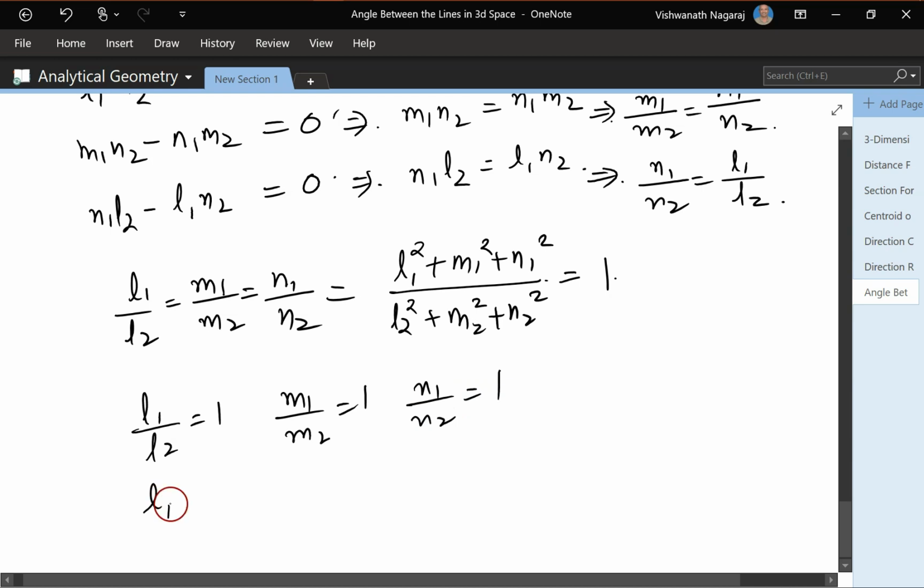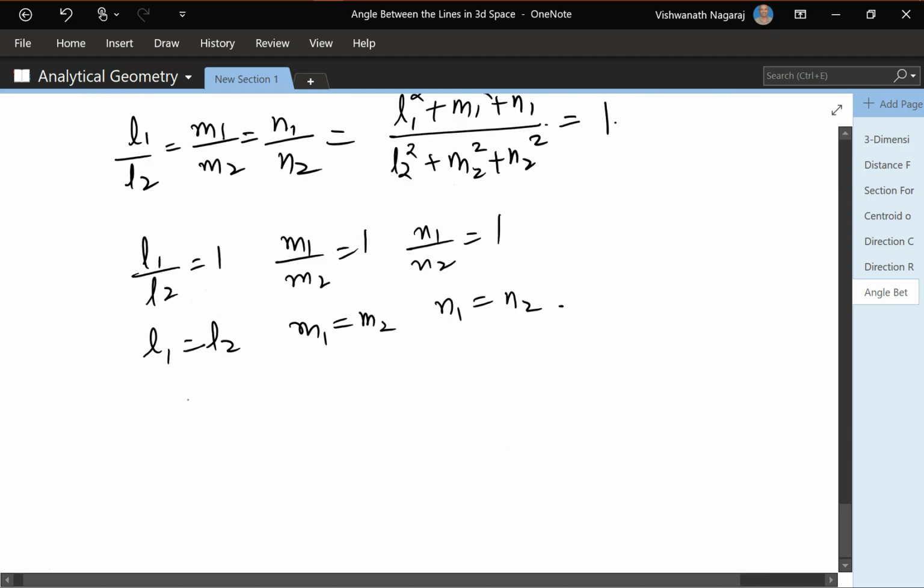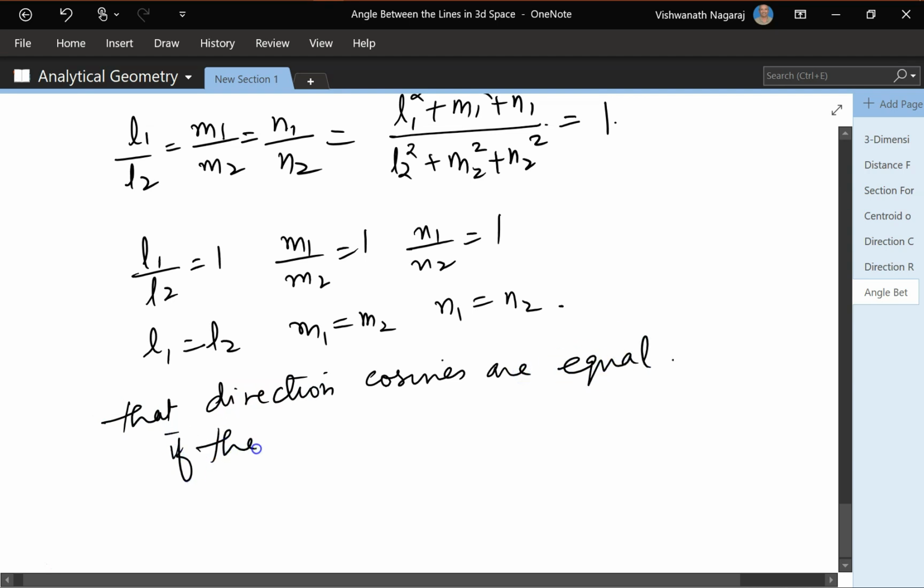Now this means L1 is equal to L2, M1 equal to M2 and N1 equal to N2. What does that mean? That means that the direction cosines are equal if the lines are parallel.